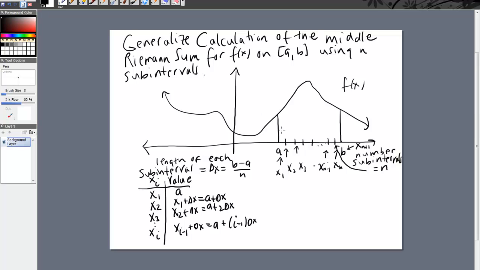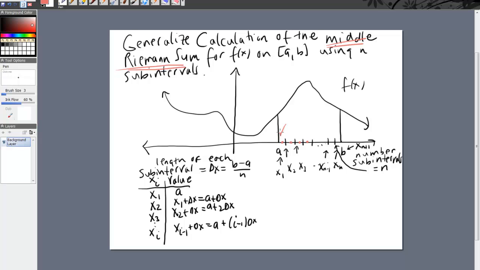Now also remember that since this is a middle Riemann sum, the x sub i star is going to be at the center of each of these subintervals.